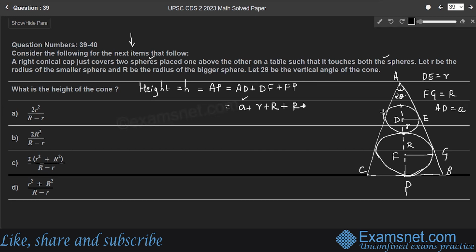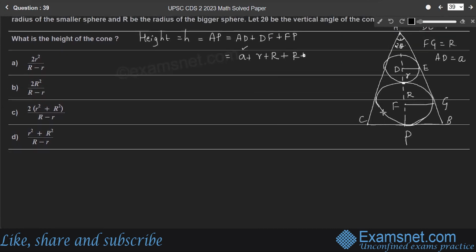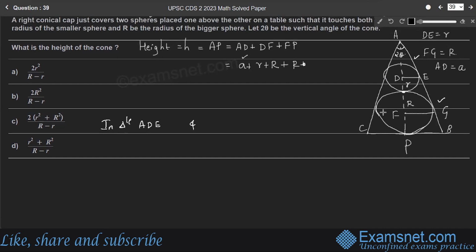So for that, consider two triangles. In this right angle triangle ADE and triangle AFG, these two triangles. Can we say these two triangles are similar because three pairs of angles are equal?